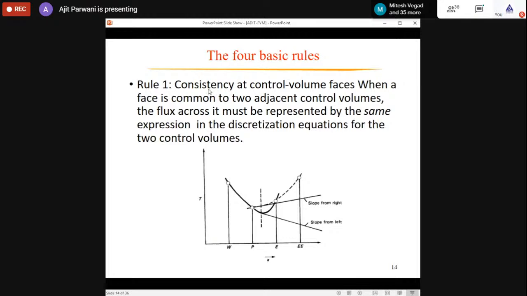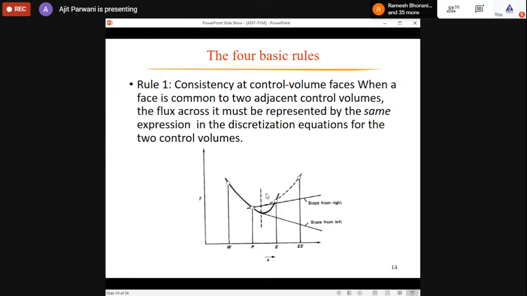The first rule is consistency at the control volume face. What does it mean? You have the freedom of choosing any profile function for temperature, but that profile function should be consistent. If it is not consistent, then you cannot get consistency at the control volume face.